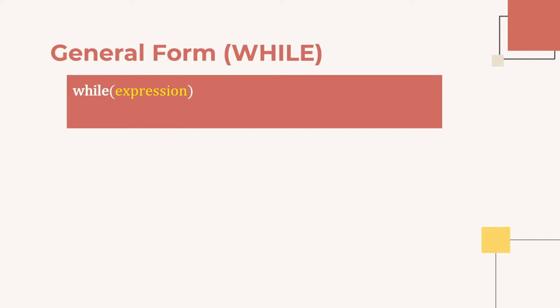The general form is while expression and then the statement that will be repeated. If the expression is true, the statement will be executed. But if the expression is false, the statement is not executed.